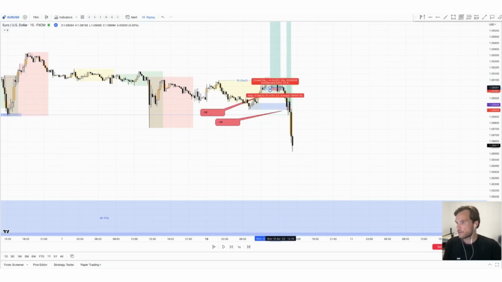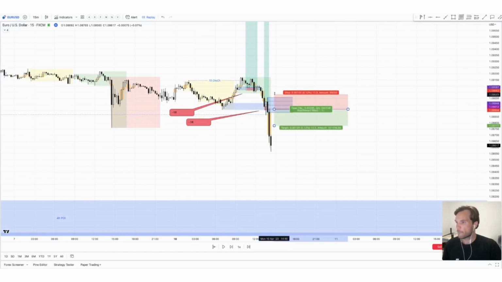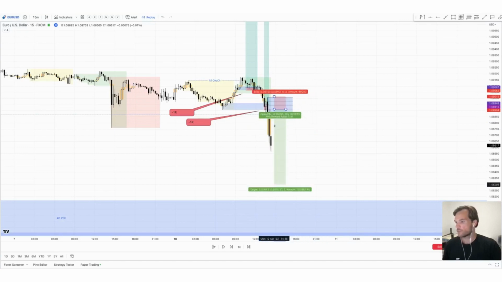Okay, so we've got this break of structure. We have this flip zone. That'll be our next idea. And I would just be targeting somewhere around here. And let's go.